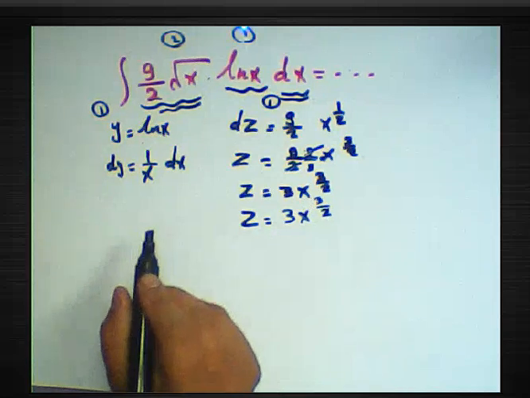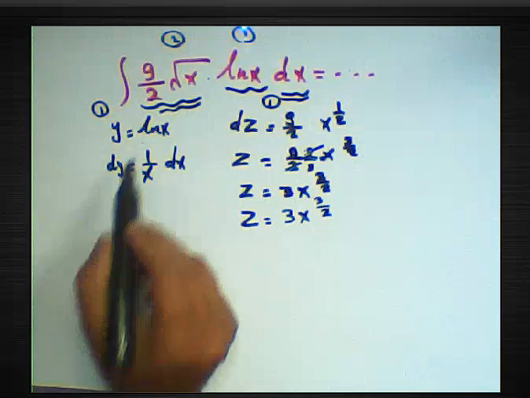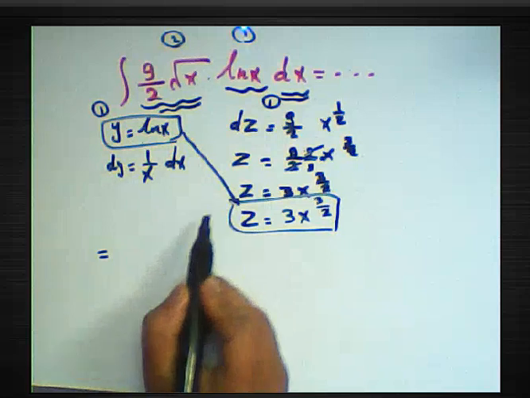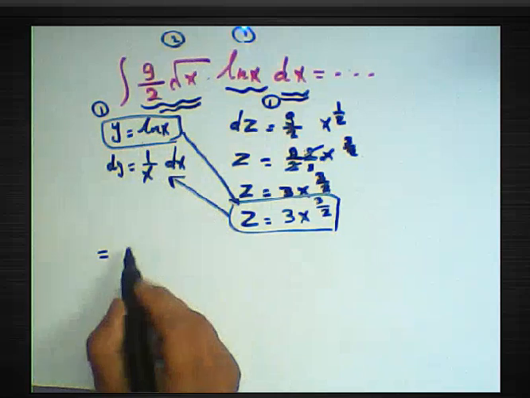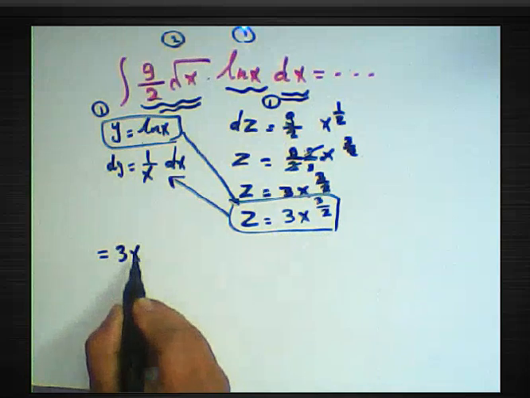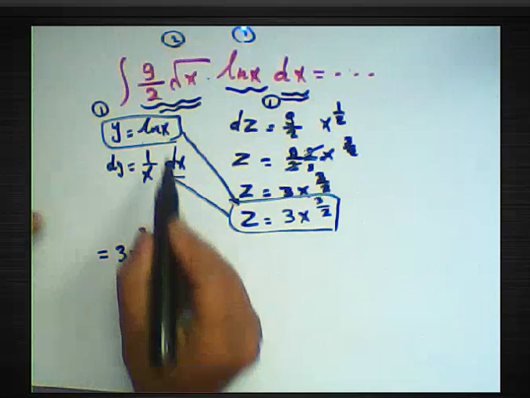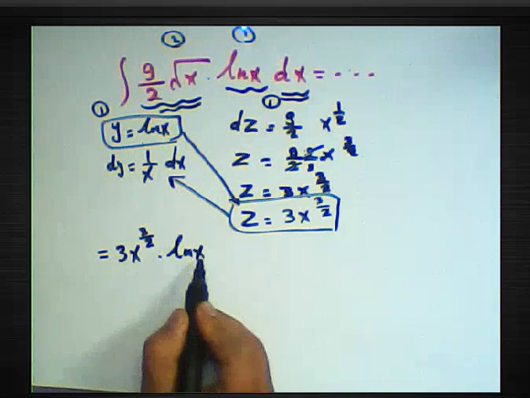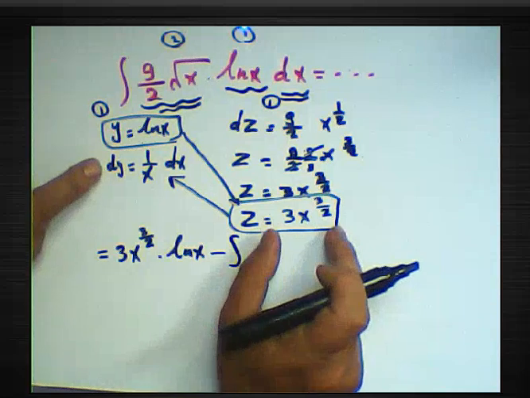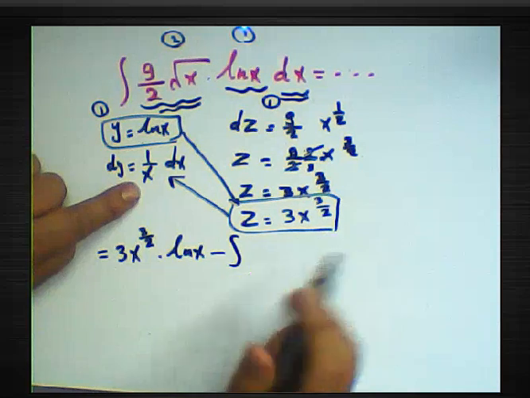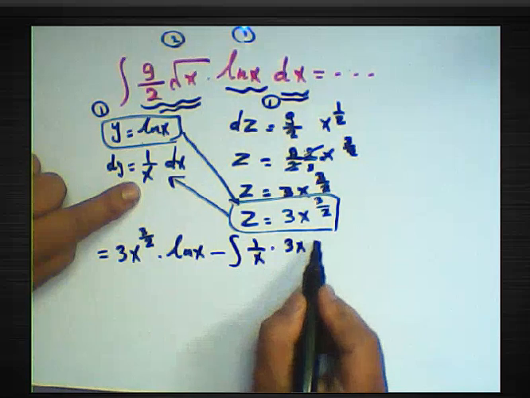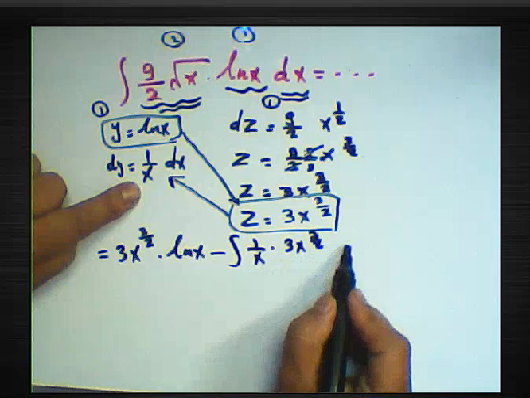So we can use the rule for the multiplication of these two functions. The result, multiplying them, will be ln of x times this function. Then we can write 3x power 3 over 2 times ln of x, subtract the integration of the multiplication of the two functions, 1 over x multiplied by 3x power 3 over 2 dx.